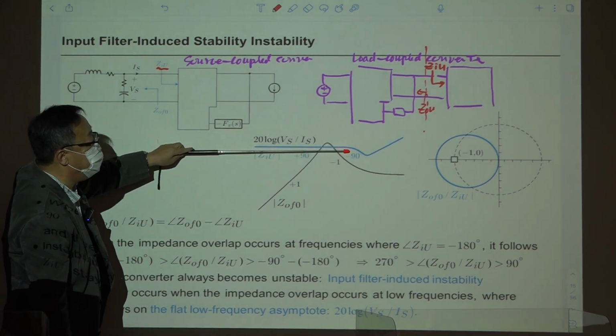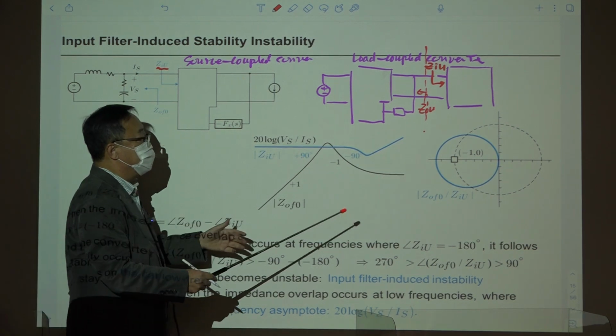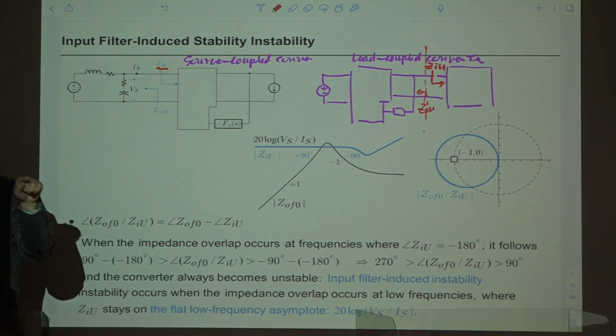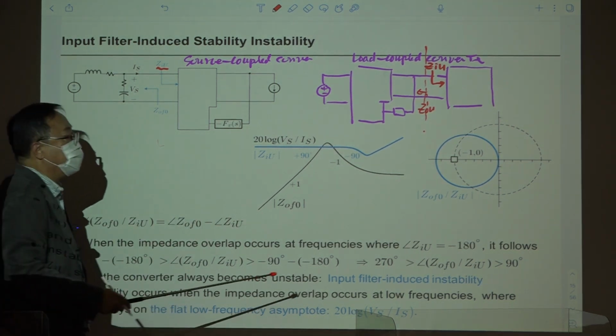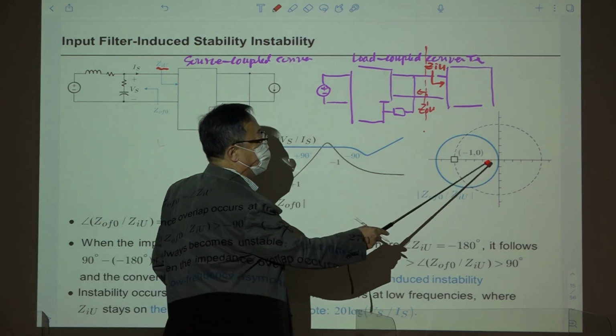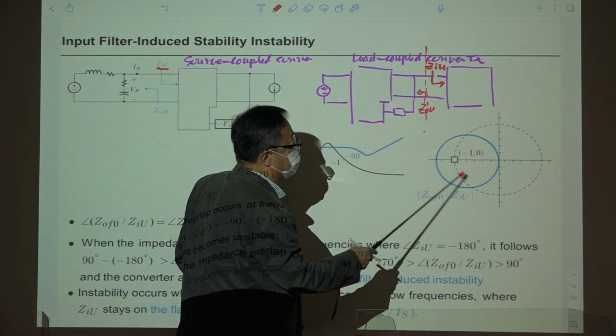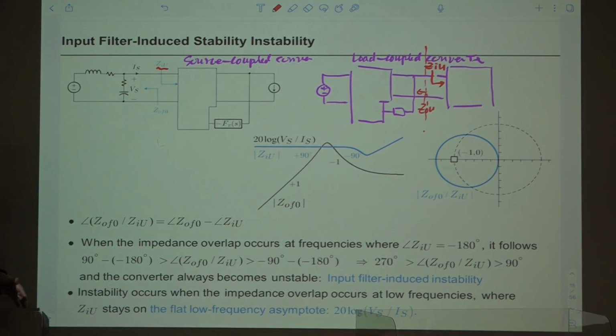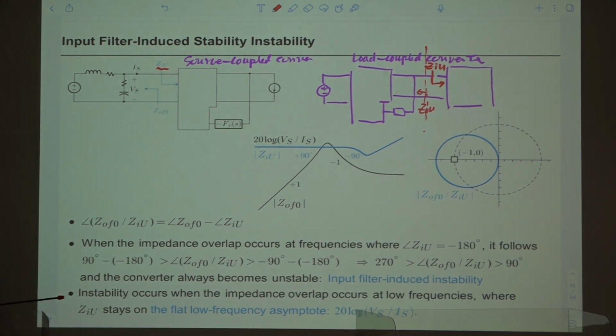So this is overlap. If they overlap, the trajectory of the minor loop gain goes outside of the unit circle, and during that trajectory, if this trajectory encircles this critical point, the system becomes unstable. Okay, that is the result of the previous analysis based on the Nyquist stability criterion.